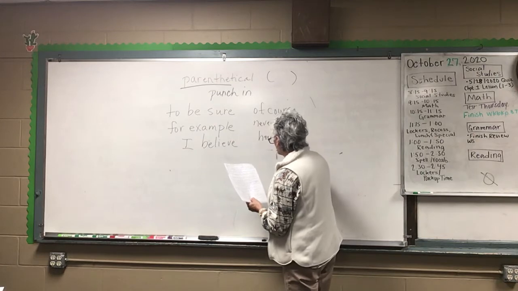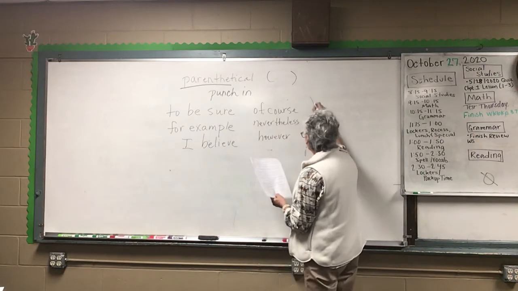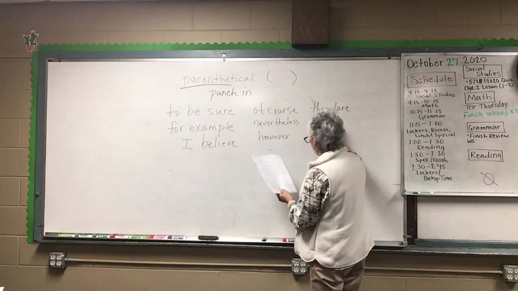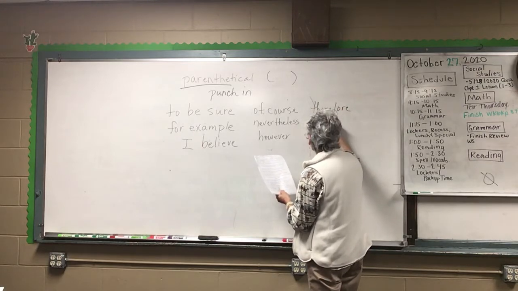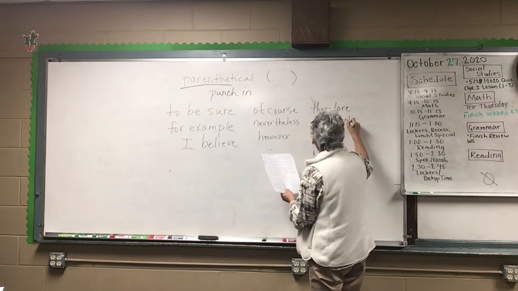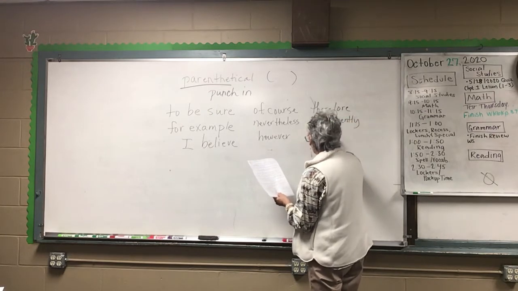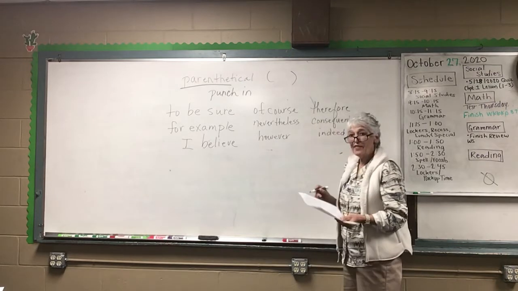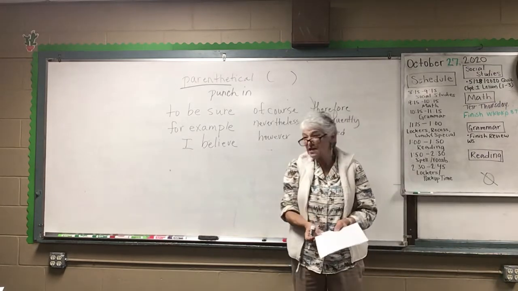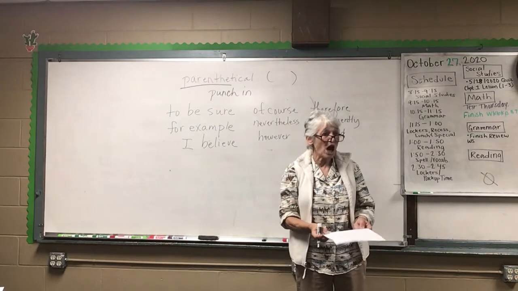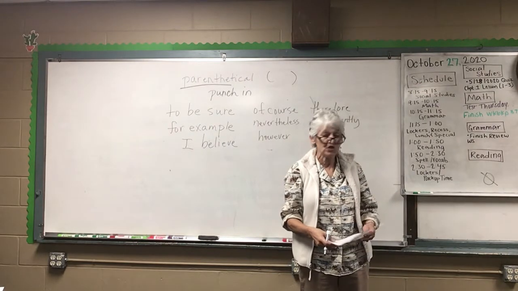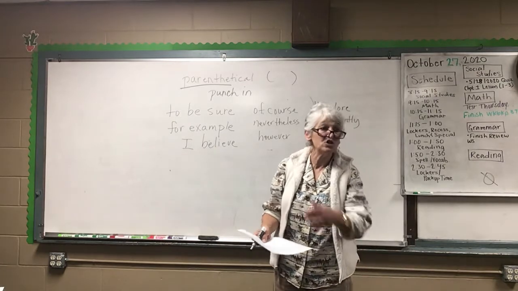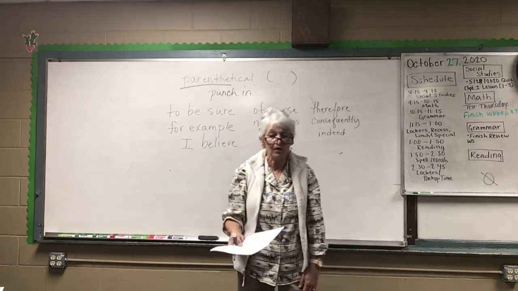However, therefore, and consequently. Last one I'm putting up is indeed. And then I have that little thing that says and more, plus more. These are not all of the parentheticals that you can use, but they are parentheticals that you will use for the most part, the most common ones.